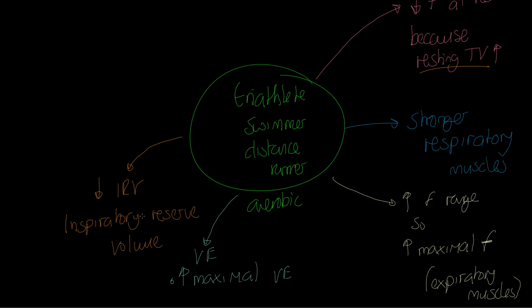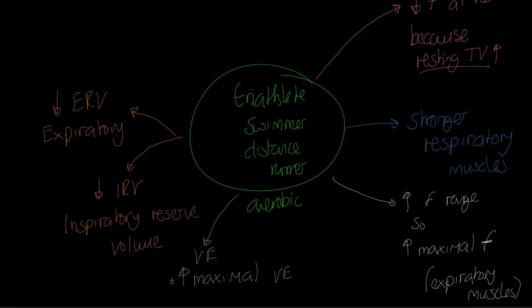Meanwhile, exactly the same could be said about the expiratory reserve volume, which also decreases. The amount of air that we can breathe out if we really push becomes greater. We use it up because we've got that more powerful expiratory muscle. As a result of all this, again, our maximum minute ventilation is greater.